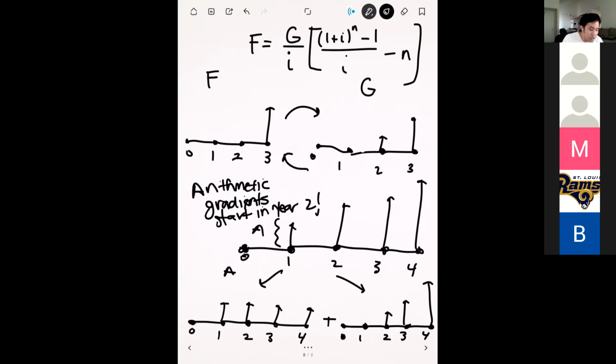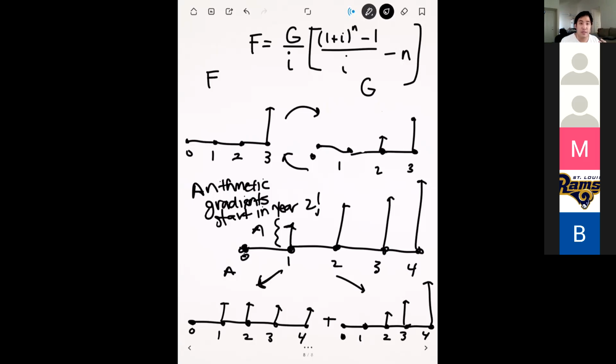And so if you have a base uniform payment in year 1, you represent that with a uniform series of that base amount. And then the amount that is increasing, you have that arithmetic gradient starting in year 2. Okay? So it's a subtle point, but it's important to remember.